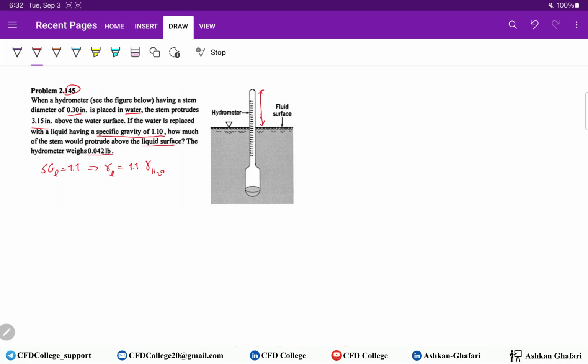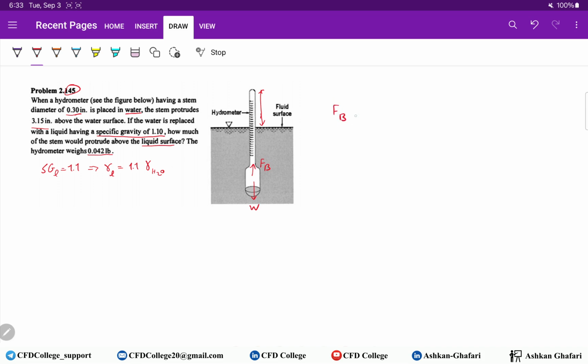In these systems, when you have an object inside any liquid, we have two forces, especially when we have equilibrium. I mean, the object is steady and still in the liquid. One is weight of the object, and the other force is buoyancy force, which is always upward.